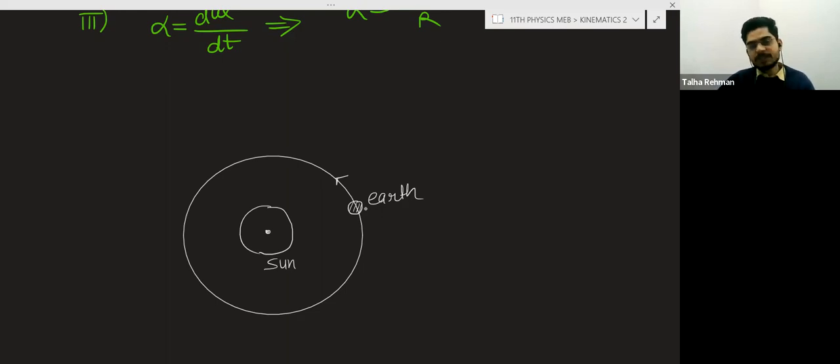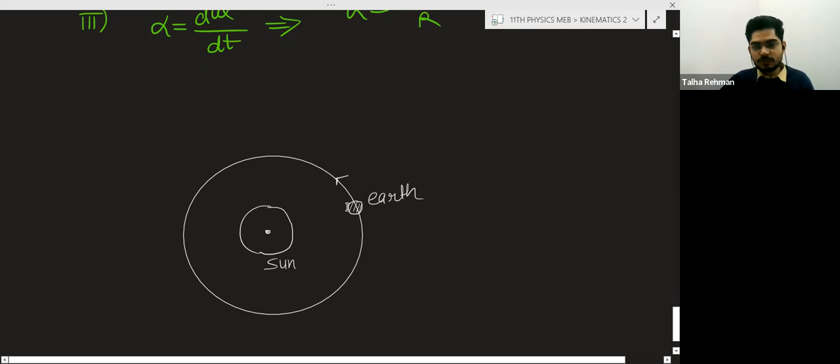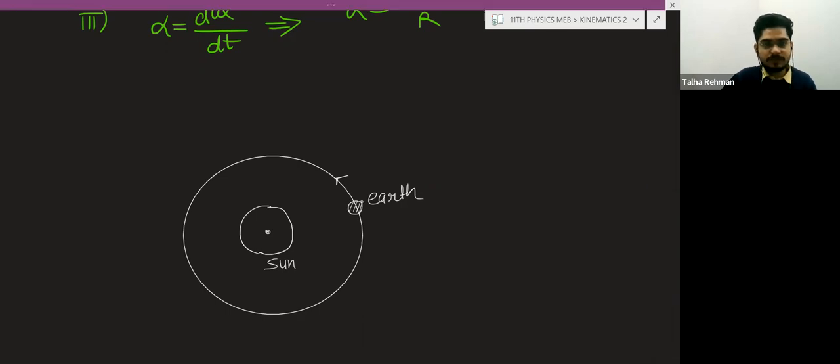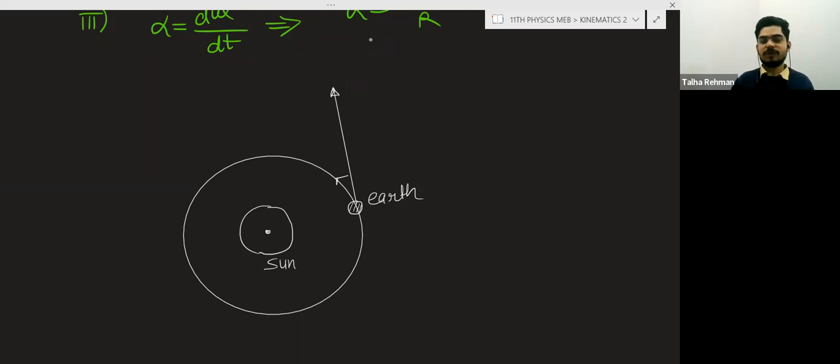But here this earth is revolving around the sun in a circular path. So this is against nature. If nature wanted it, the earth would move tangentially or in a straight line. So this is against the nature.